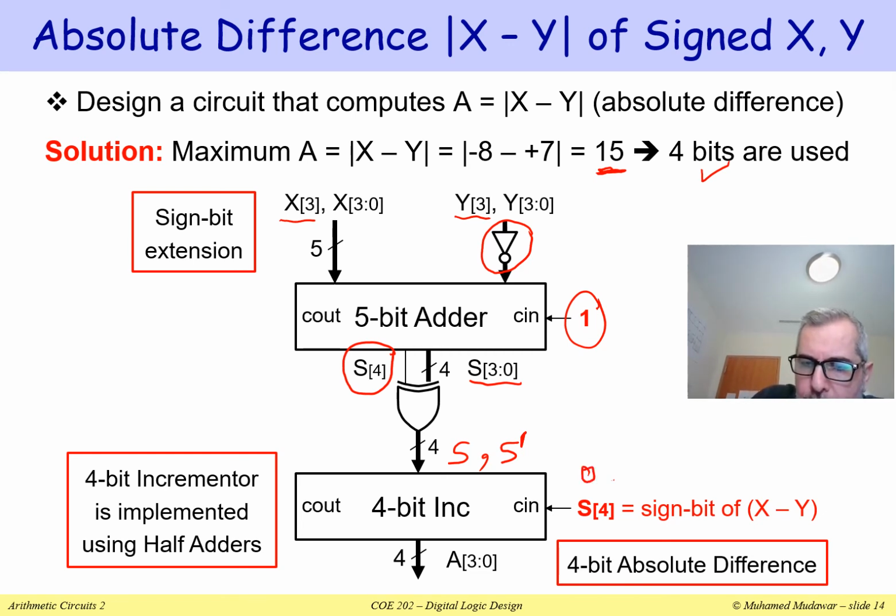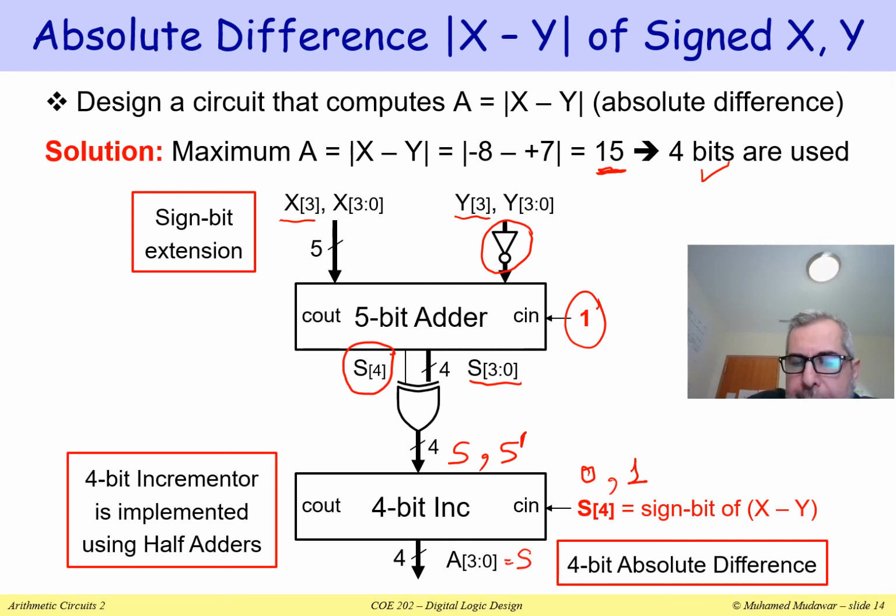If S4 is equal to 1, then the carry in will be equal to 1. So in other words, if the difference is positive and S4 is equal to 0, we just pass here S plus 0. So basically we get here the absolute difference is equal to S.